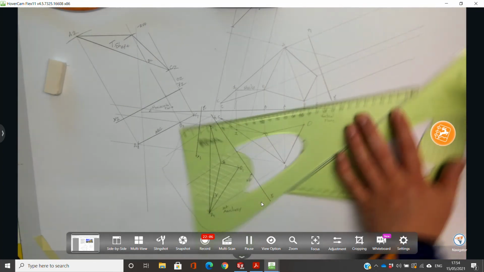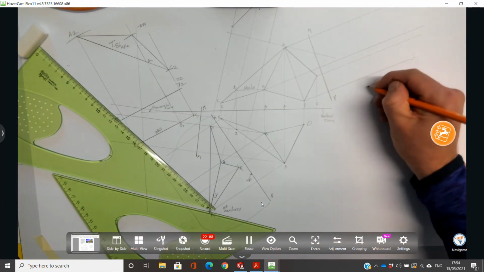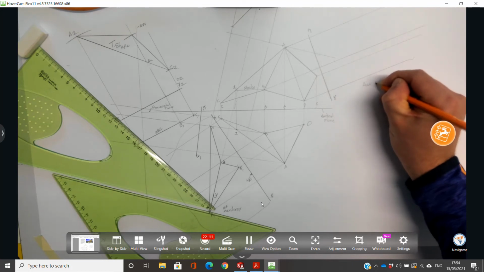Now this is an auxiliary plan, so the distances come from the XY line down back to plan.